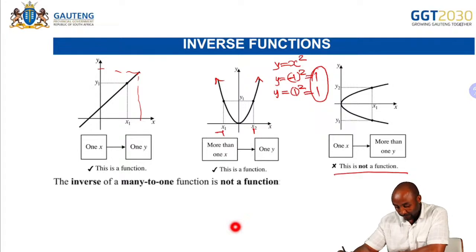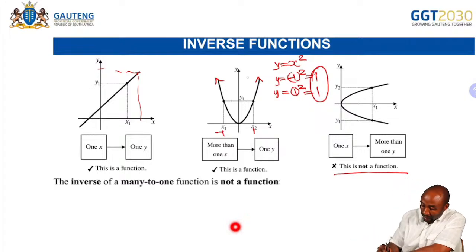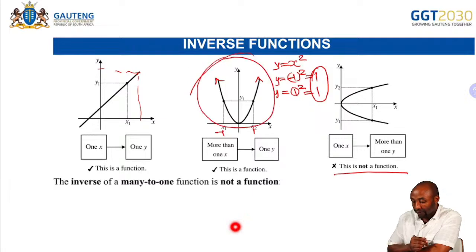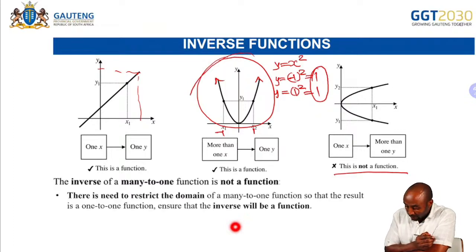Now, you are able to see that the inverse of a many-to-one function is not a function. So we are able to see that this one, yes, it is a function, but its inverse will not be a function. You are going to get the explanation just now.